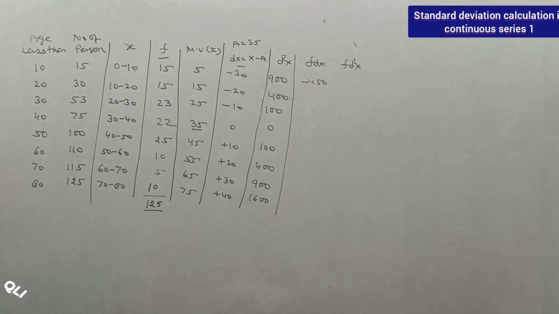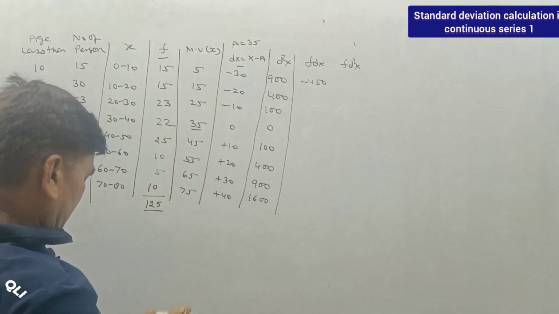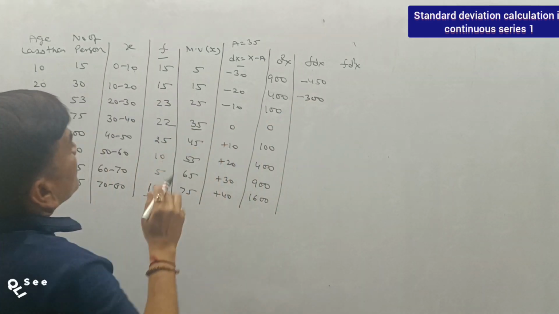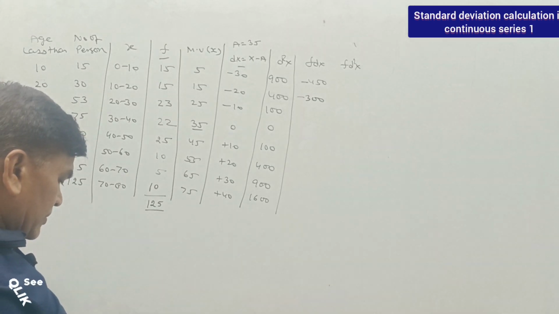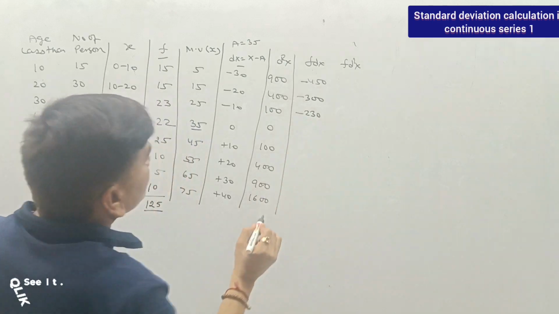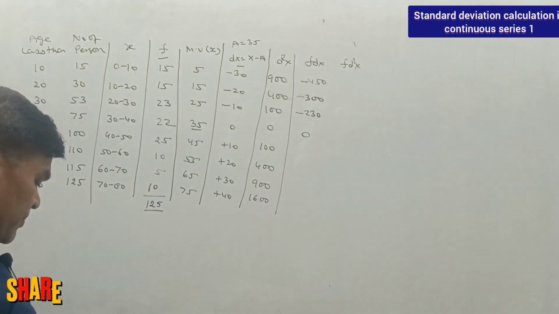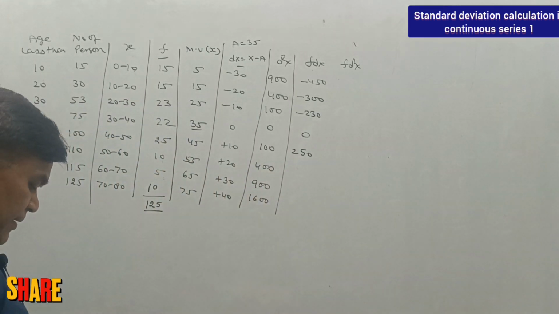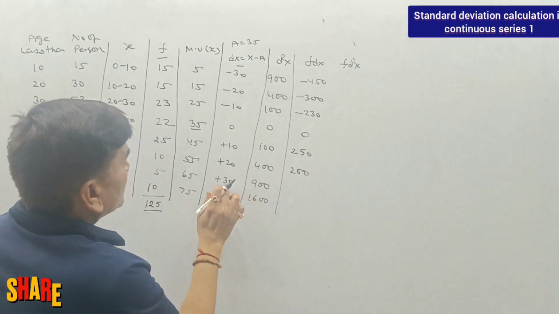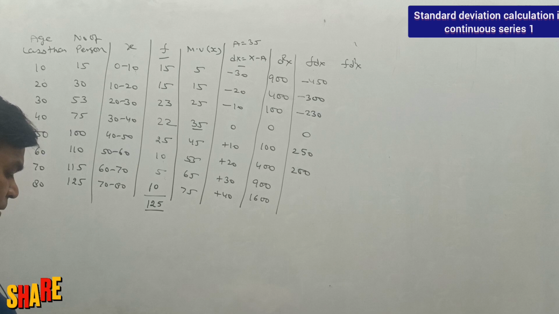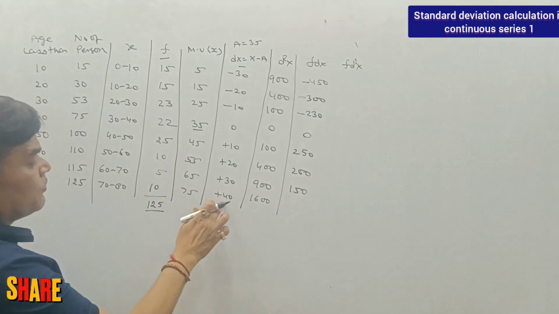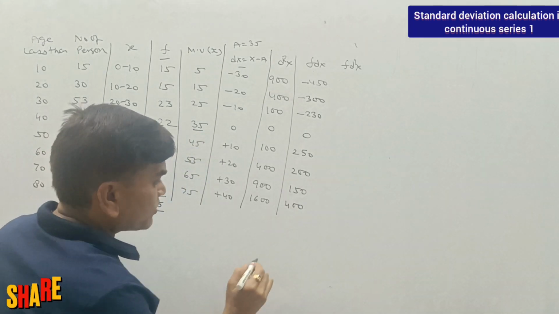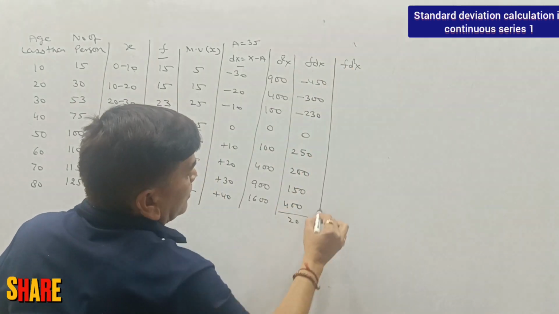Next, 15 times minus 20 means minus 300. 23 times minus 10 is minus 230. 0. Then 10 times 25 is 250. 20 times 10 is 200. 30 times 5 is 150. 40 times 10 is 400. So the value is plus 20.